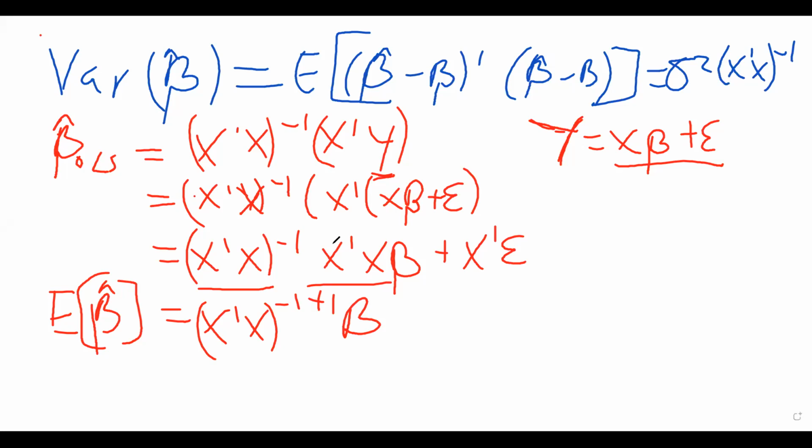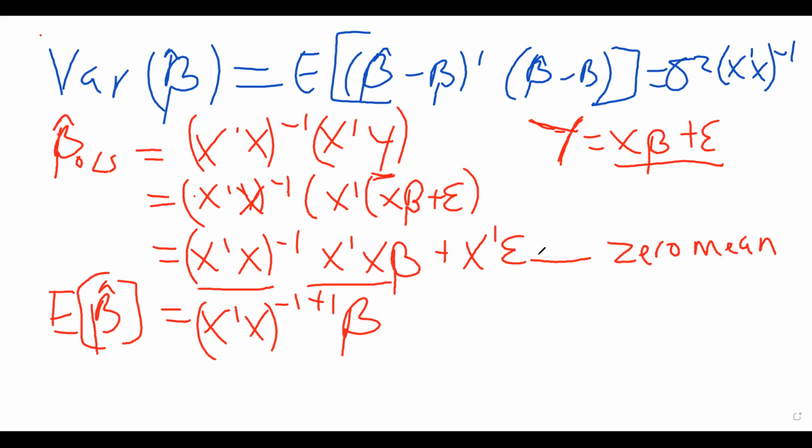Then, if you take the expected value of X prime epsilon, that's 0. Why is it 0? Because there's an assumption called the zero mean assumption in regression. And in zero mean, the word mean is expectation. So zero mean means the expected value.